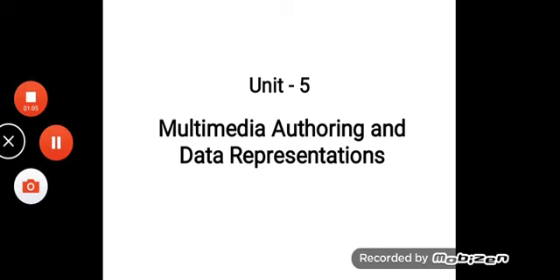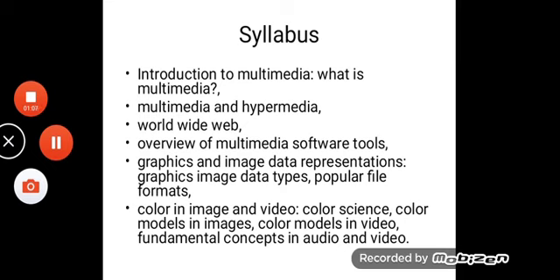So let us quickly go through the contents of this syllabus chapter. We will start with an introduction to multimedia, what exactly multimedia is. Then we'll compare the differences between multimedia and hypermedia. Then one example of hypermedia is the World Wide Web.